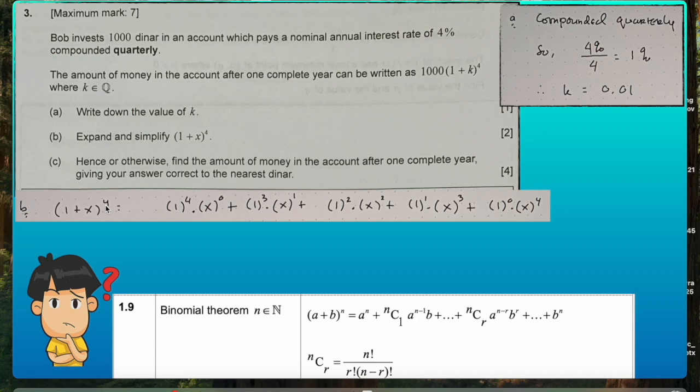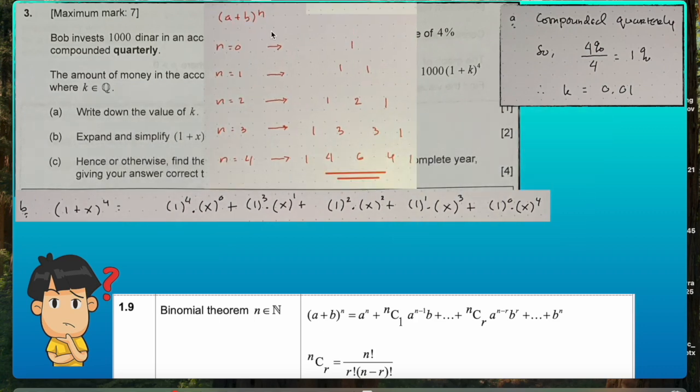But we are missing the coefficient. See this given formula? It has the coefficient, n choose r. Since this is a non-calculator paper, I will use Pascal's triangle like so. This is the format. We have (a plus b) all to the power of n, and the power n here is obviously 4.